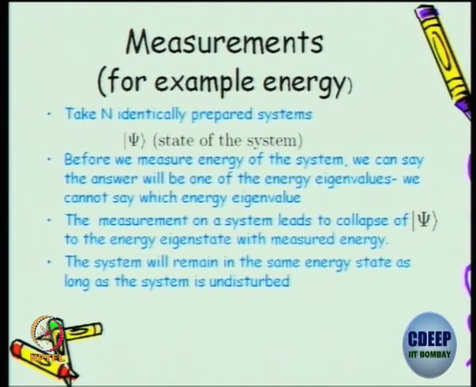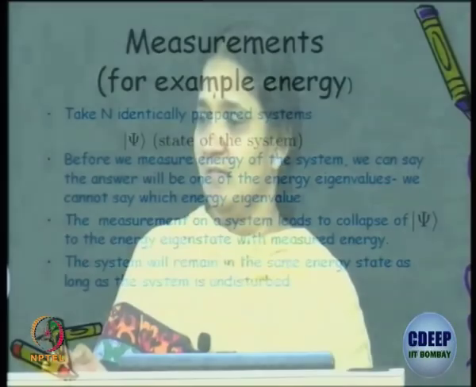Till he measures, he doesn't know the energy. Even before measurement, he cannot guess. But he gets it to collapse to a specific stationary state, which is an energy eigenstate. After it collapses, if he measures again and again, he will get the same energy value.